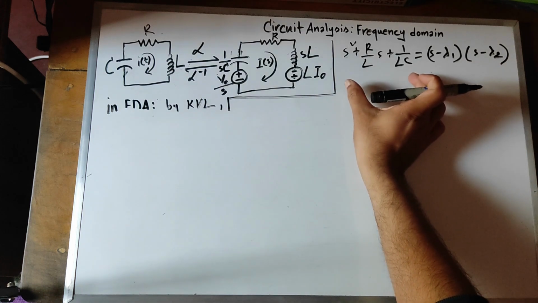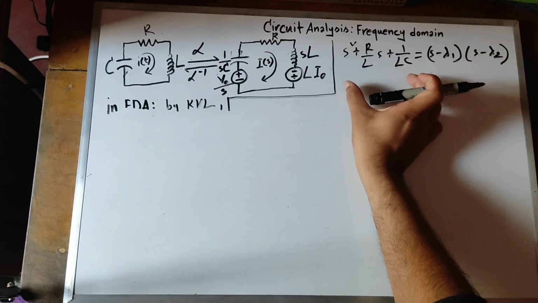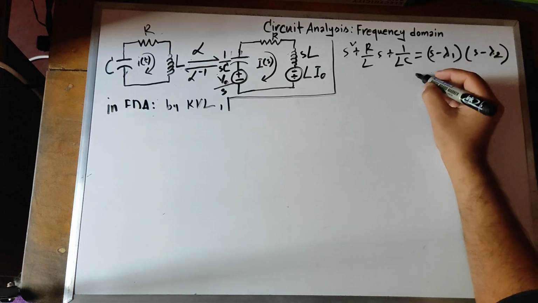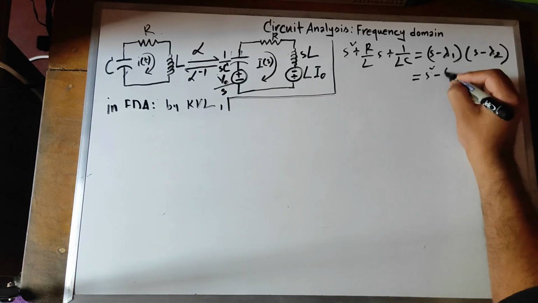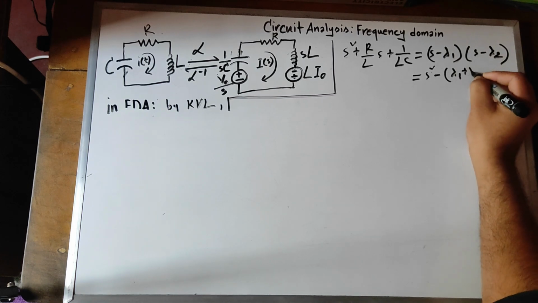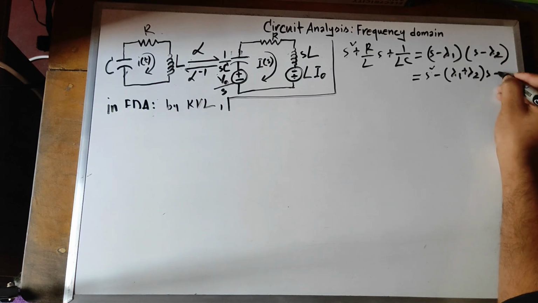So here it is: S square minus lambda 1 plus lambda 2 S plus lambda 1 lambda 2.